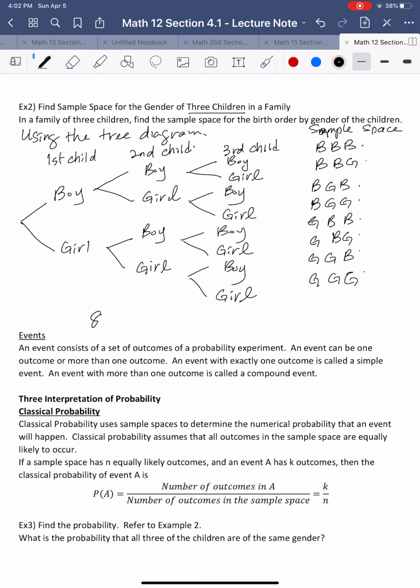There are 8 outcomes in the sample space.